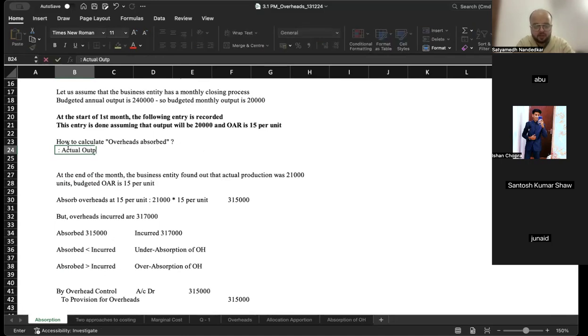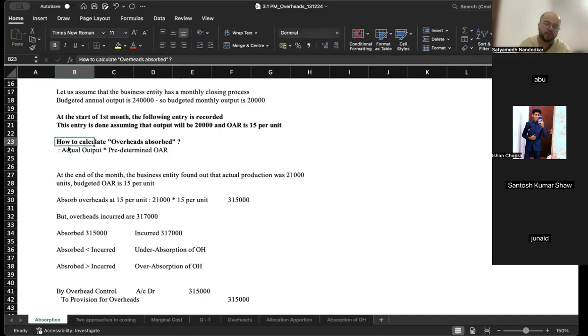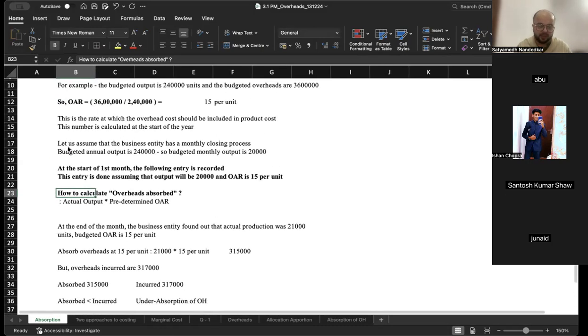This is actual output into predetermined overhead absorption rate. Actual output into predetermined overhead absorption rate. This is how the numbers are calculated. So this predetermined OAR is determined at the beginning of the year.